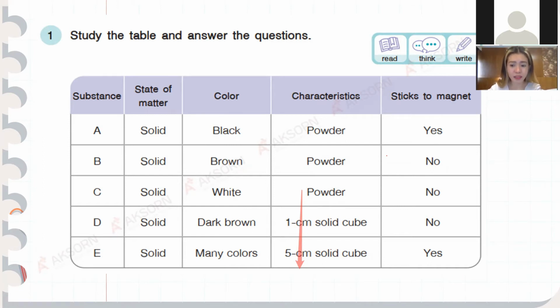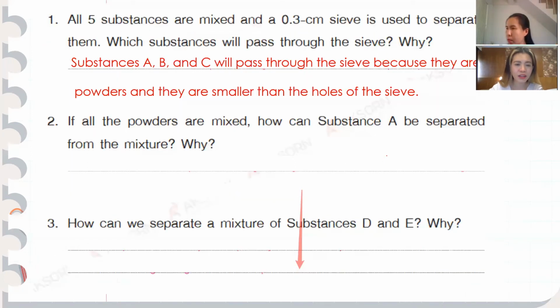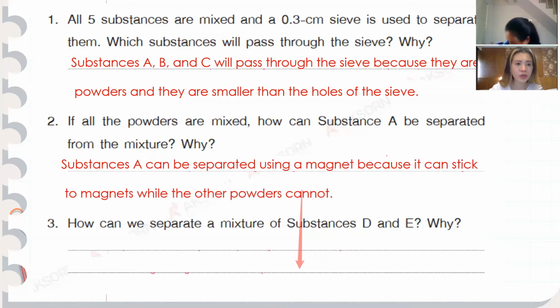Are we gonna handpick? No. What are we gonna use? Using a magnet. Very good. We are going to use a magnet. Substance A can be separated using a magnet because it can stick to magnets while the other powders cannot. And for number 3, everybody read.